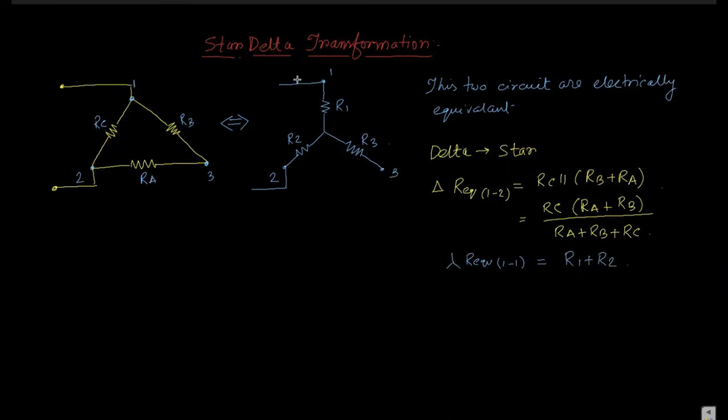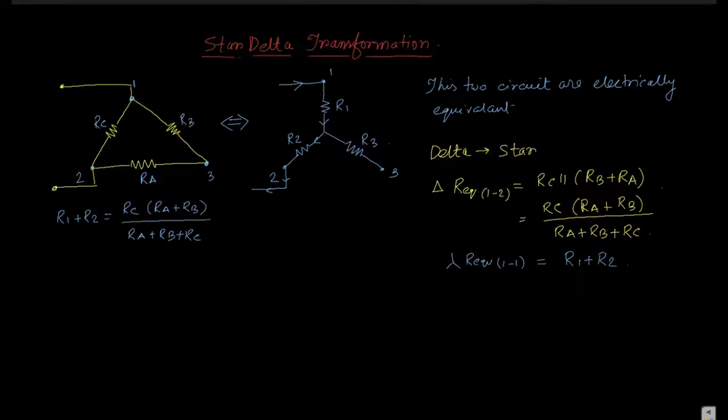Only R1 and R2 are connected, current flows from here to here, and R3 is redundant. As they are electrically equivalent, R1 plus R2 equals RC times RA plus RB, divided by RA plus RB plus RC.